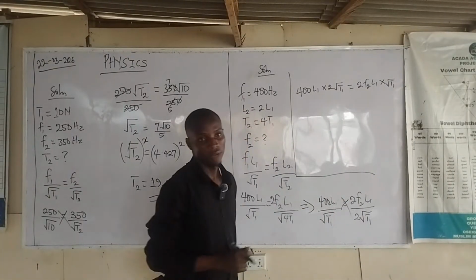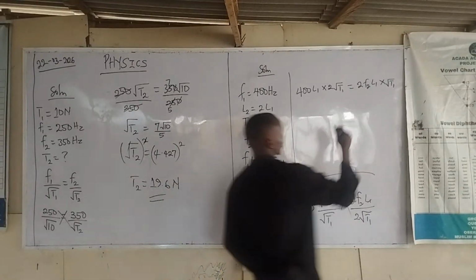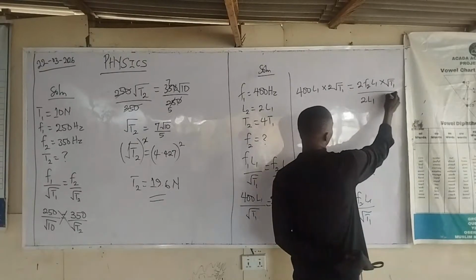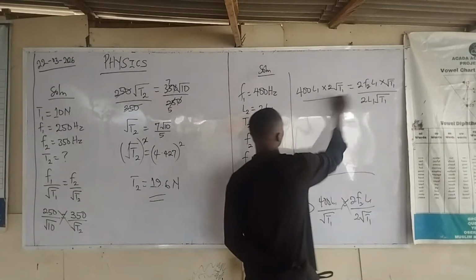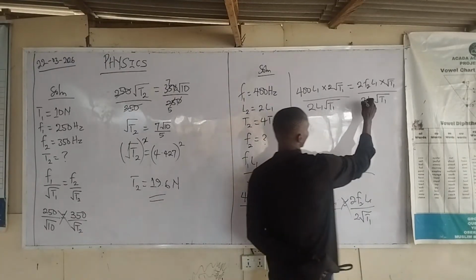Remember we're looking for F2. Hello, no noise. So we divide both sides by 2L1 root T1.